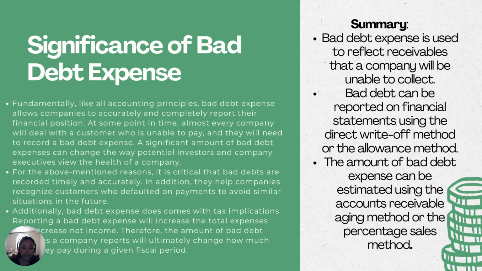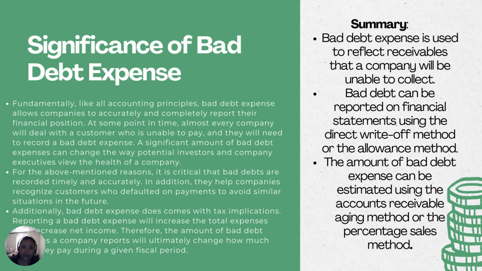Understanding bad debts expense can help companies assess the effectiveness of their credit policies and identify areas where credit risk is high. To summarize the lesson, bad debts expense is used to reflect receivables that the company will be unable to collect, and bad debt can be reported on financial statements using two methods.